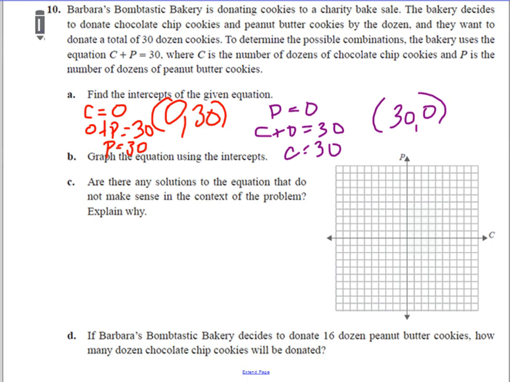And since I don't want to try and make my graphs big enough to count to 30, I'm going to count by 5s. And so our y-intercept when C equals 0 is 30, so we're going to count up 5, 10, 15, 20, 25, 30, and put it here. And let's just show here that we're counting by 5s.